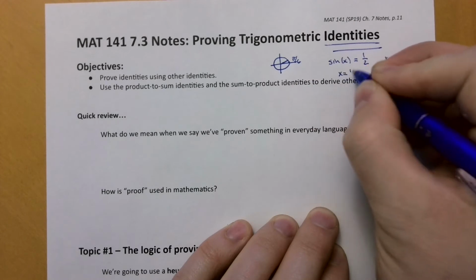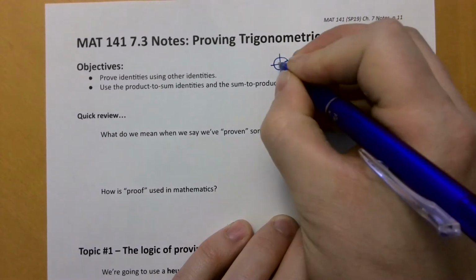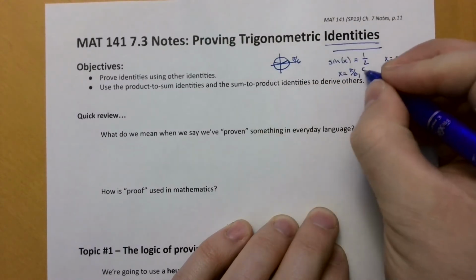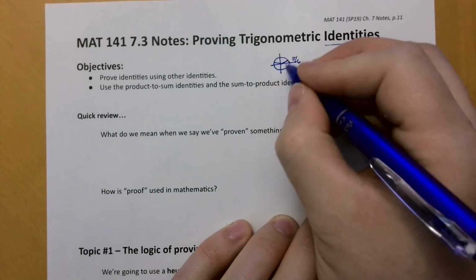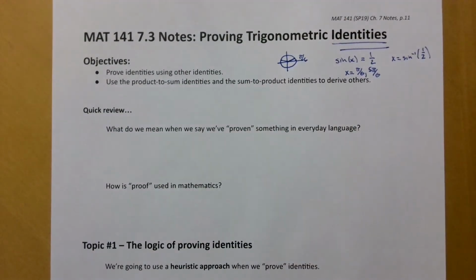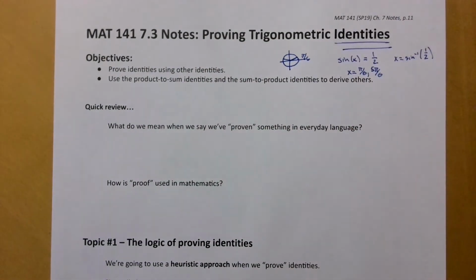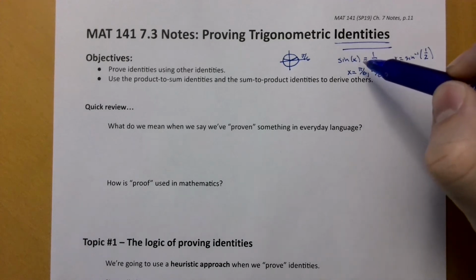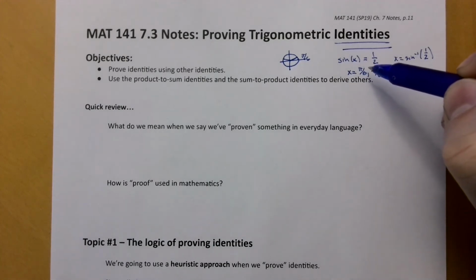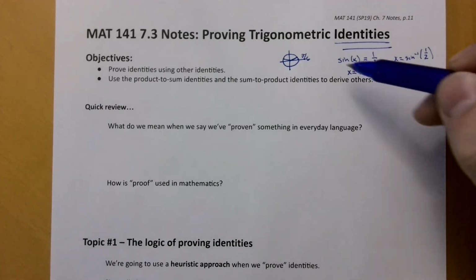So x would be pi over 6, or over here on this side, 5 pi over 6, and then, of course, any 2 pi units from those points. So this is not an identity because it's only true for a few values of x within the domain of sine.